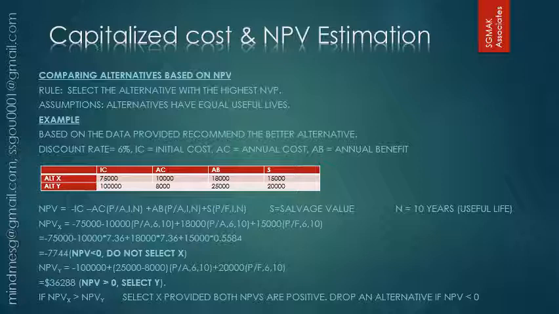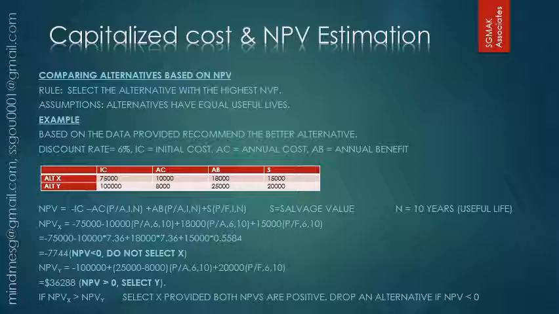So what we have here, we got alternative X and alternative Y. You're given the initial cost, annual benefit, and salvage value, and useful life for both happens to be 10 years. So you find the net present value of X, net present value of benefit minus net present value of cost, and it comes out to be $7,744 negative.